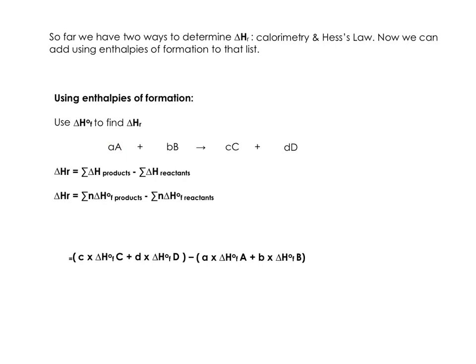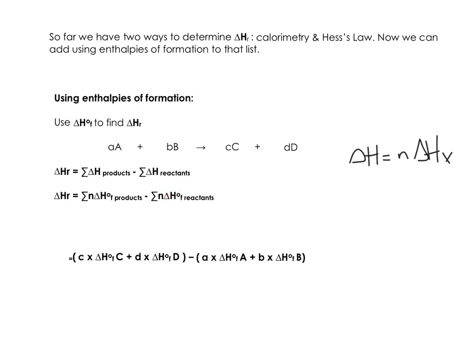We can rewrite this as, because we know delta H is n delta Hx, we can substitute in n times the enthalpy of formation of our products minus the sum of the enthalpy of formation of our reactants times the number of moles.